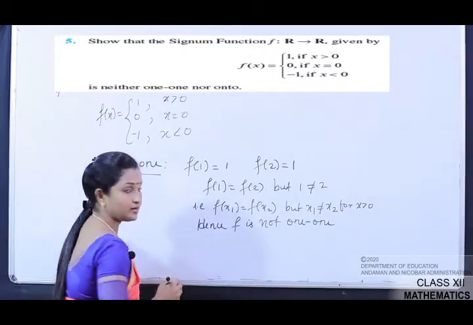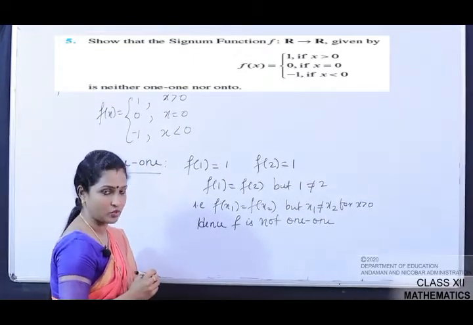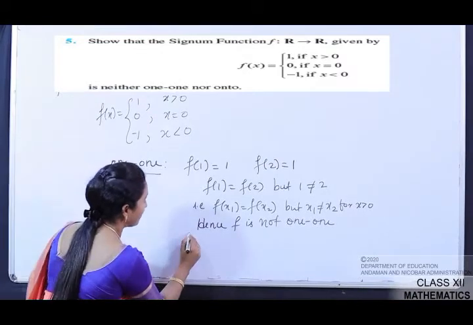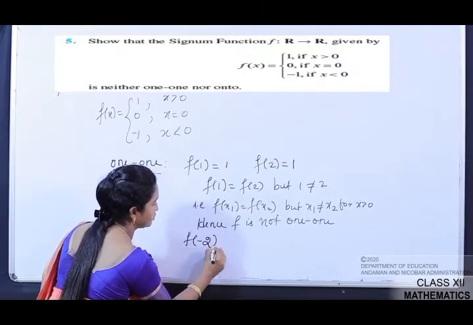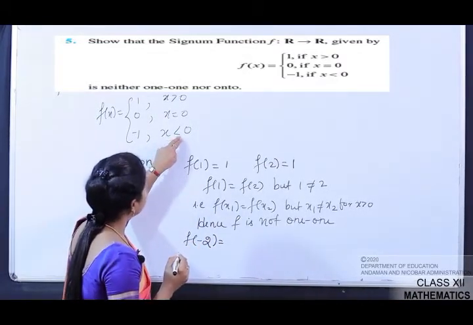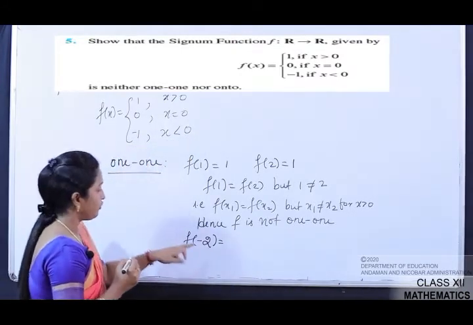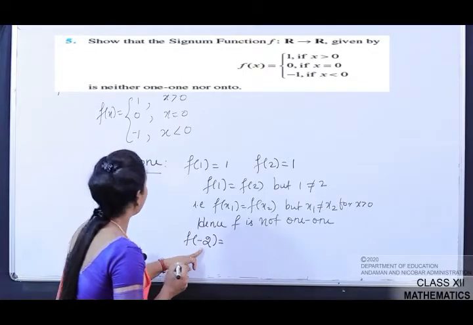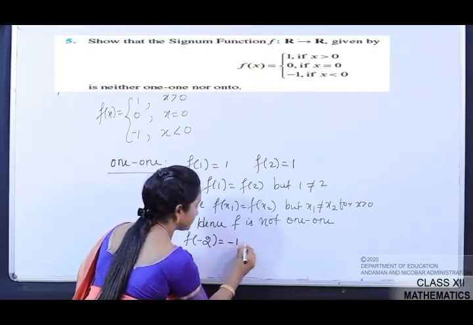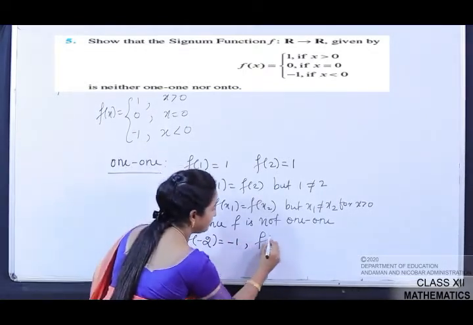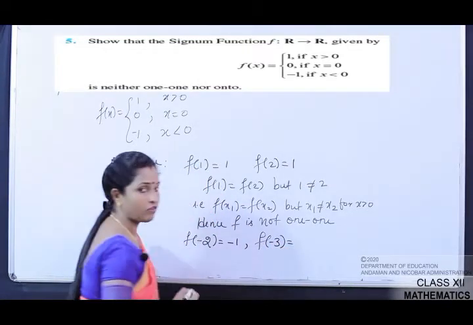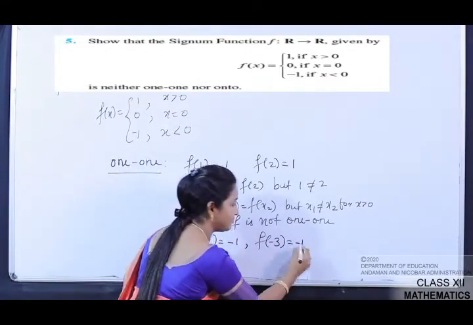Now if you take for values x less than 0, what does it mean? f of -1 or you can take f of -2. For all the values which are less than 0, f(x) will be -1. Okay, so if you take -2, the answer will be what? -1. If you take another value, that is f of minus 3, what will be the answer? It is also minus 1.